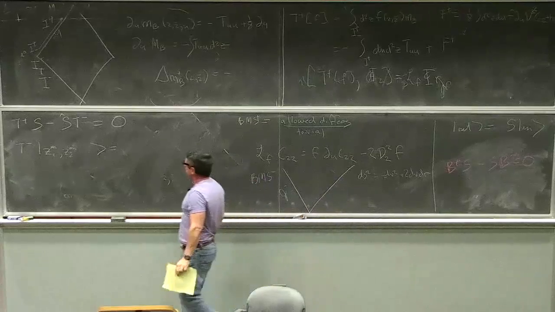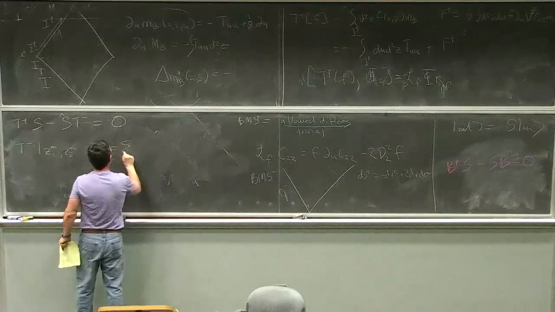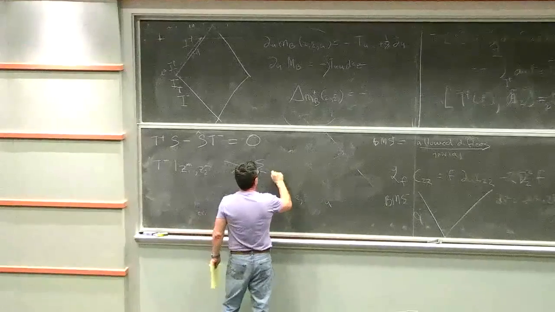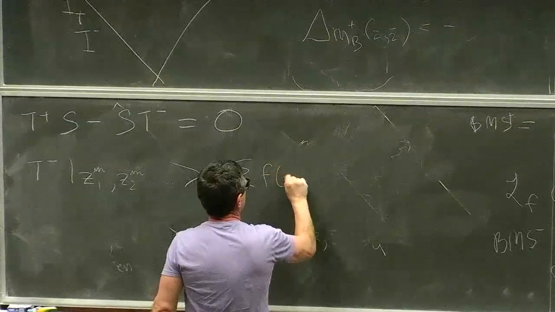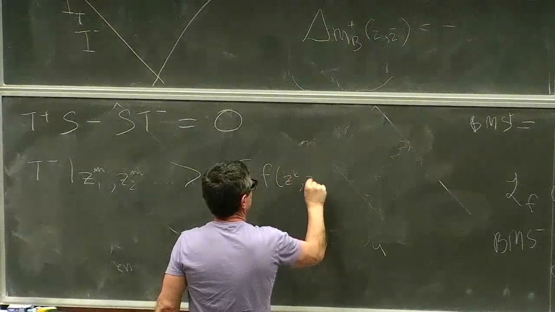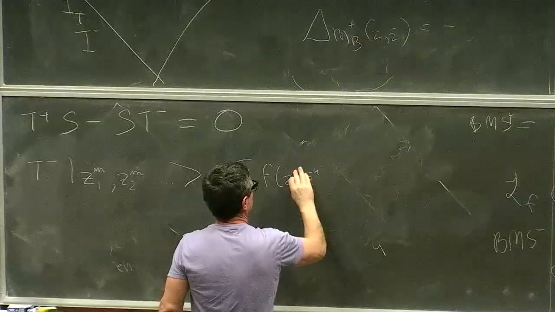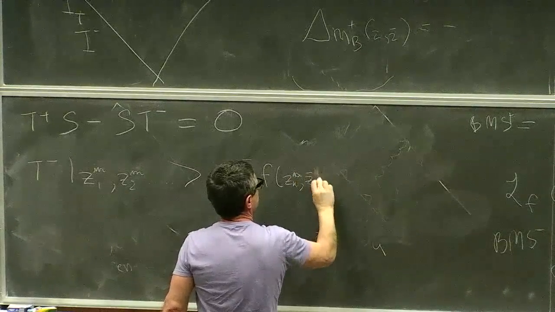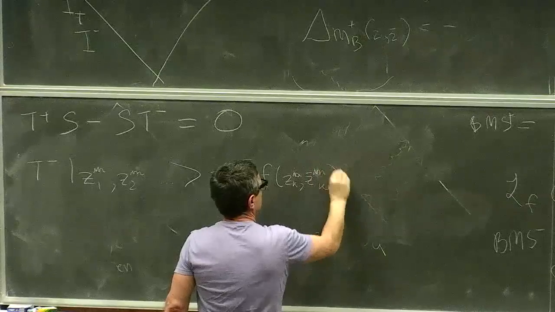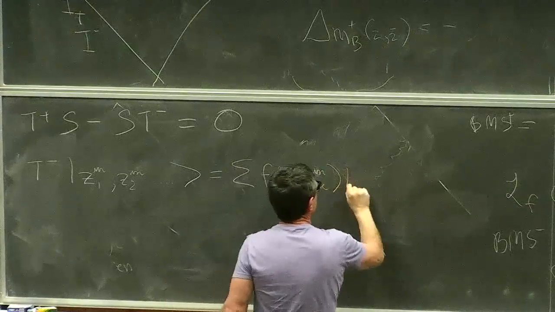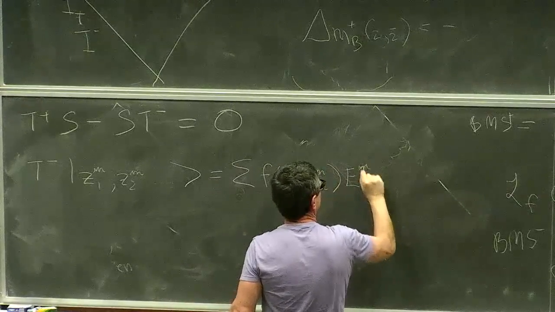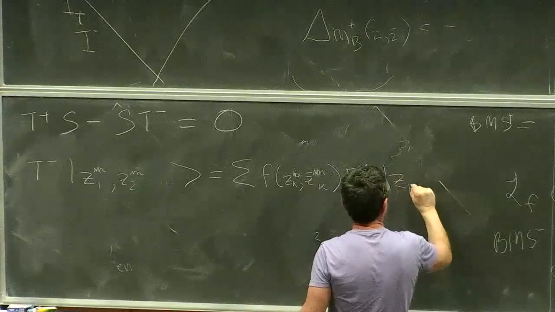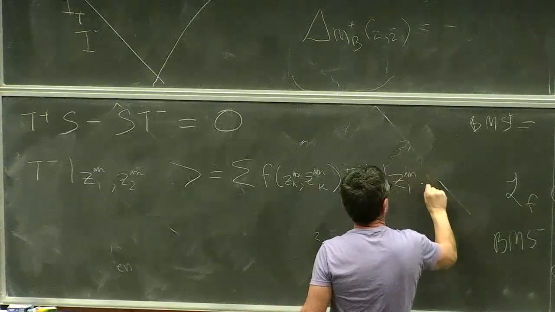So this gives me a sum. That term will translate each incoming particle and give me an F of z_k in, z bar_k in, multiplied by the energy that that particular particle is carrying in. And then that's just some number which is acting on this initial state.